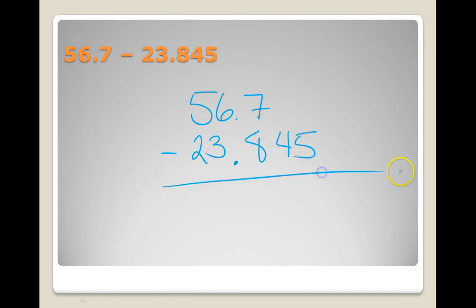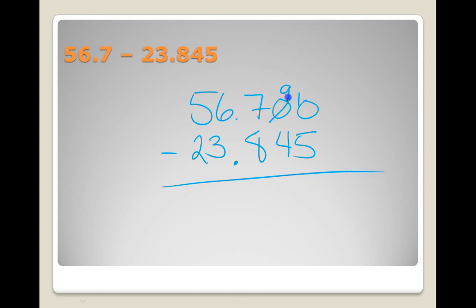Last example that we have, 56 and 7 tenths minus 23 and 845 thousandths. We'll line up the decimal places, which gives me 23.845. Now we have some open spots. Nothing's over this 4, so I'm going to put a 0. Similarly with the 5, put a 0. I have to borrow, make that 10.